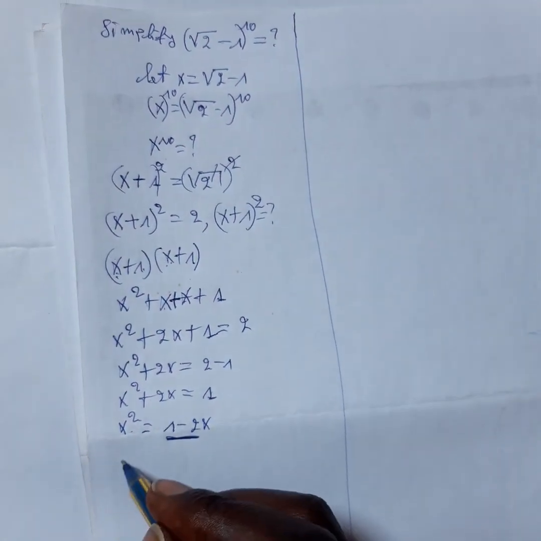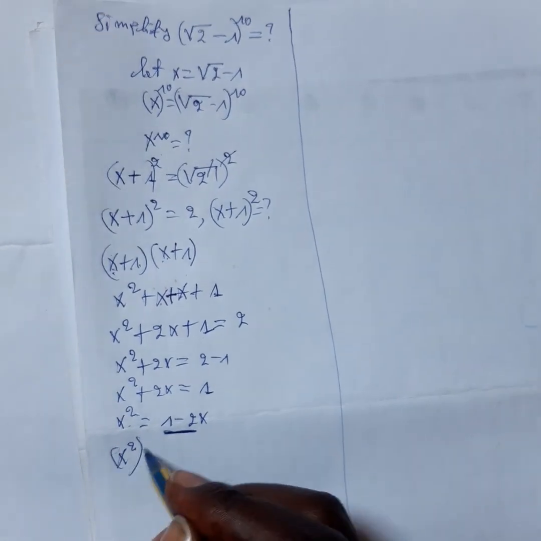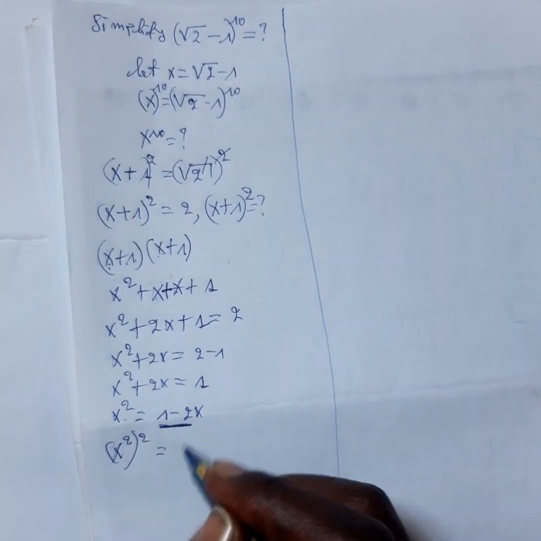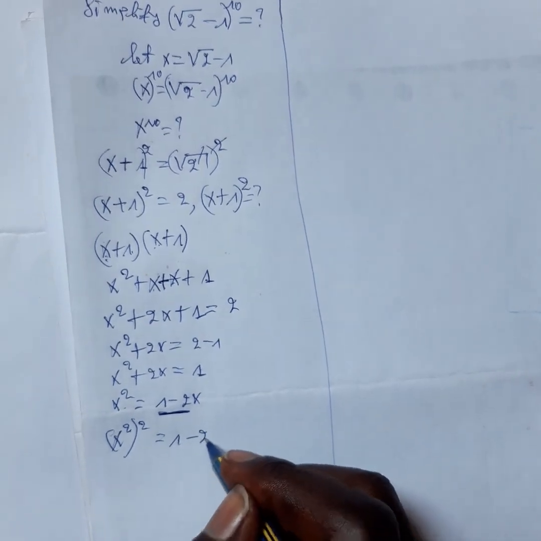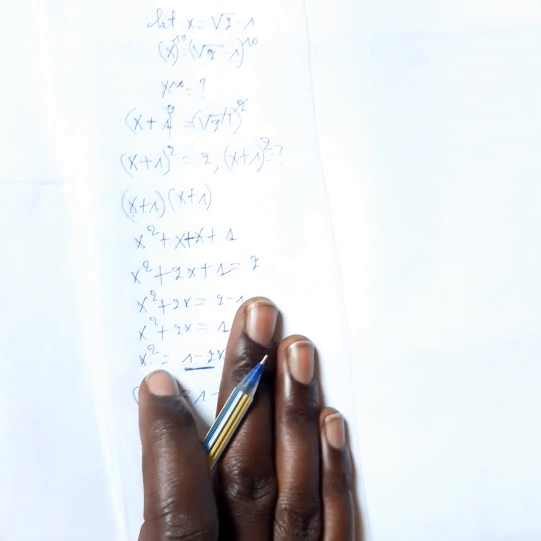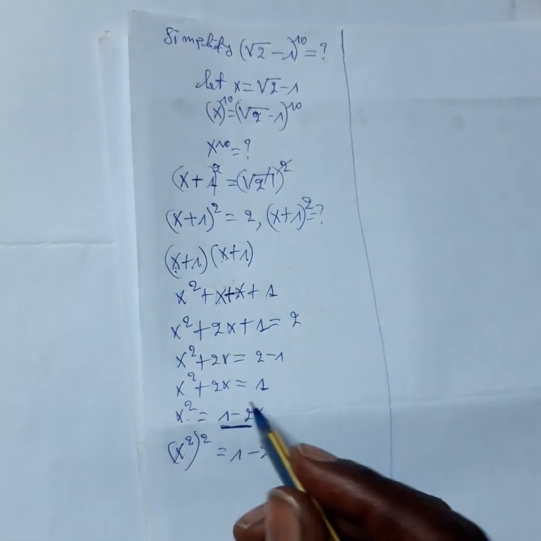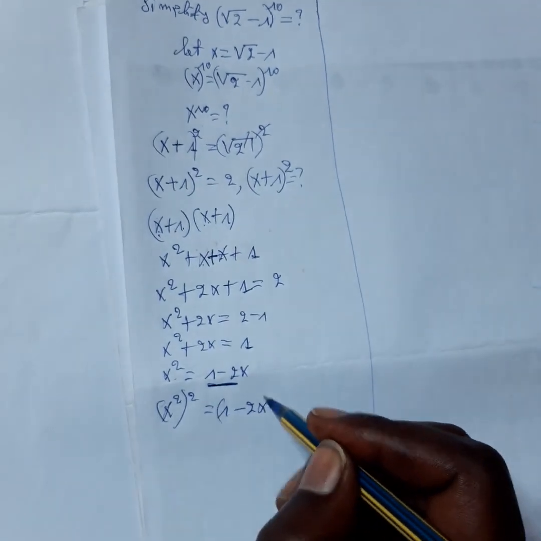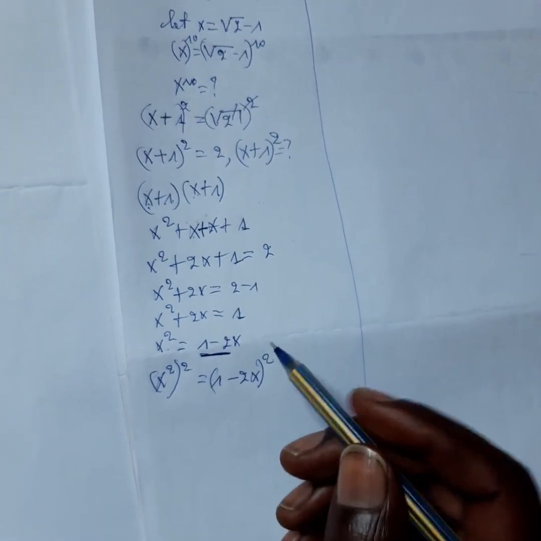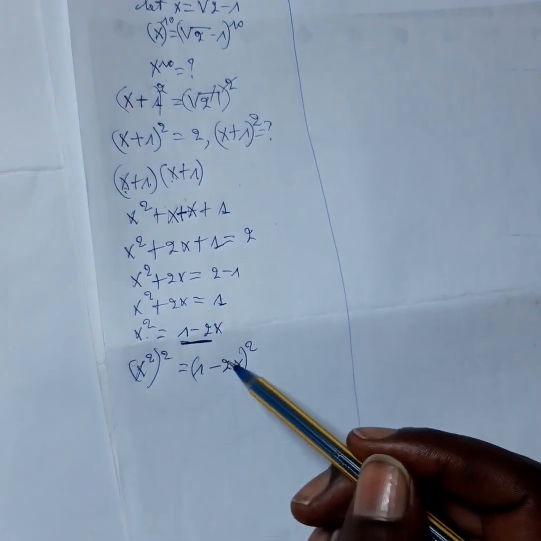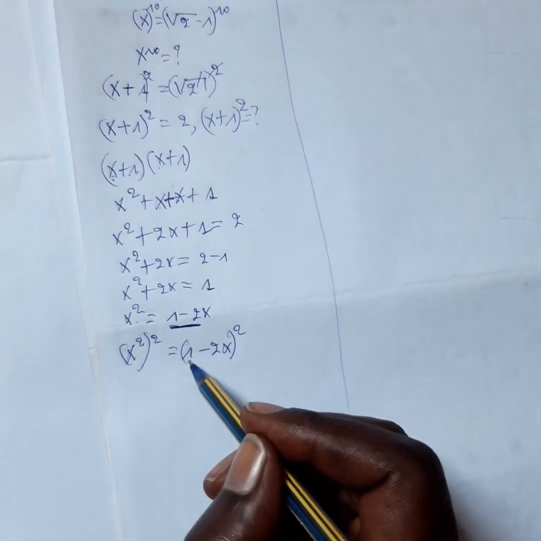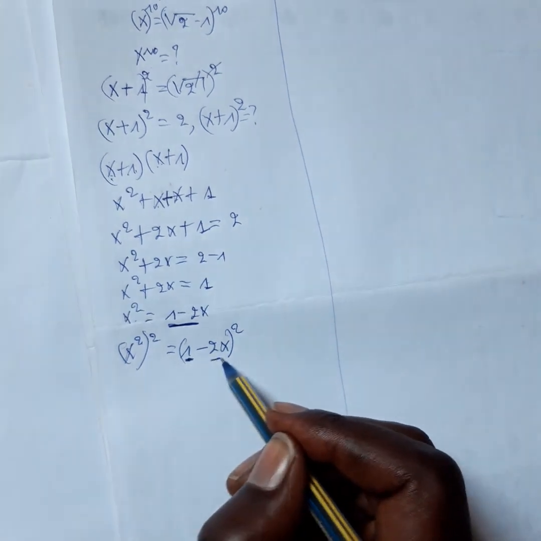So we'll have (x squared) squared, which is (1 minus 2x) squared. Here we have the form a minus b, where this is a and this is b.